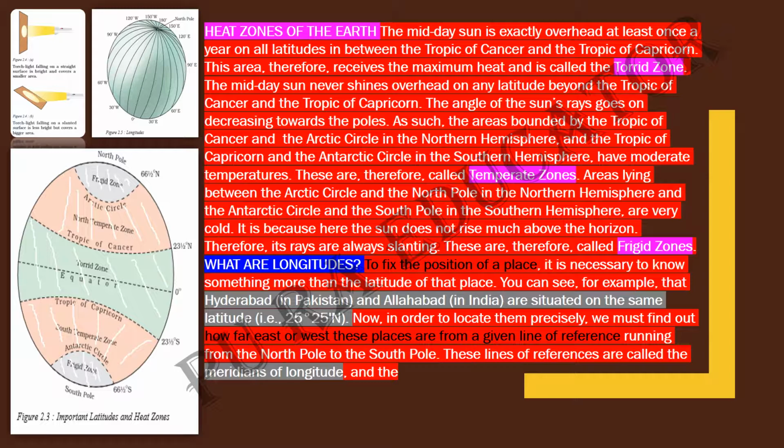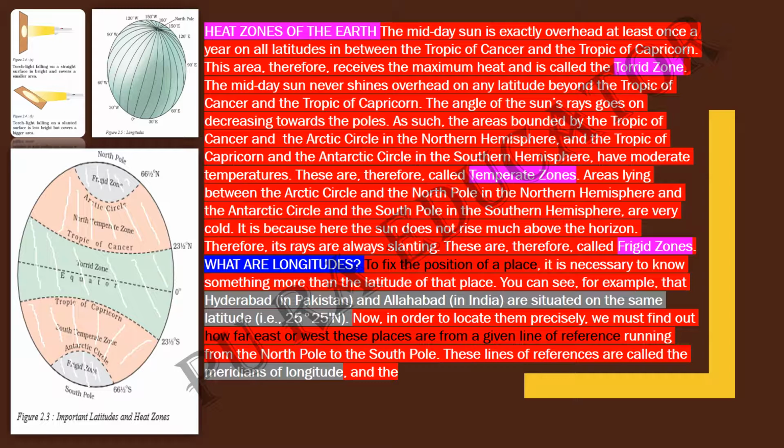With the help of only latitudes, we cannot place any important place on the earth's surface because it will not be placed at the exact position. The point where latitudes and longitudes coincide locates the exact position of that place. We'll see through examples.